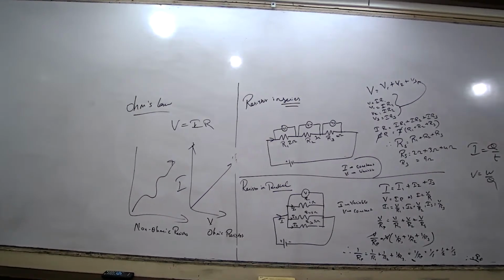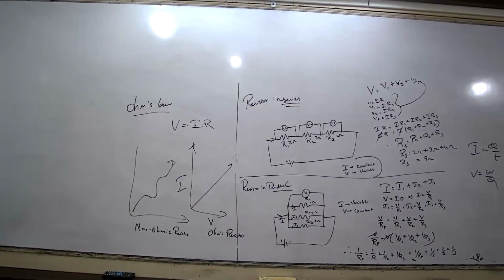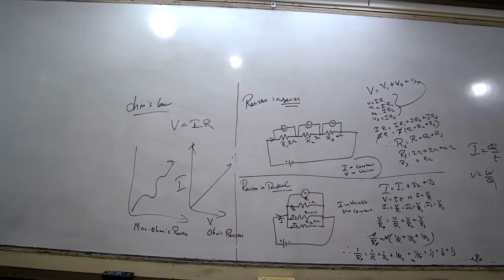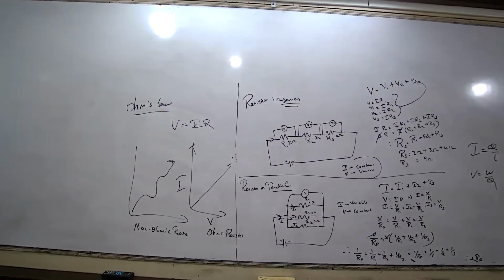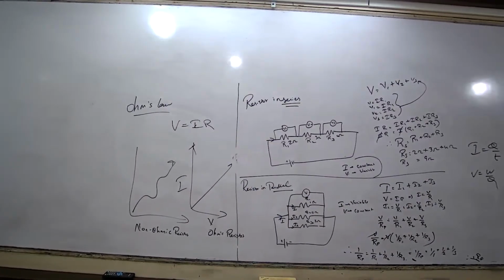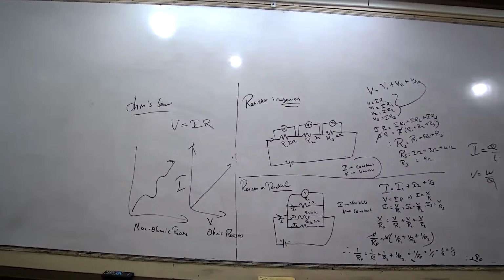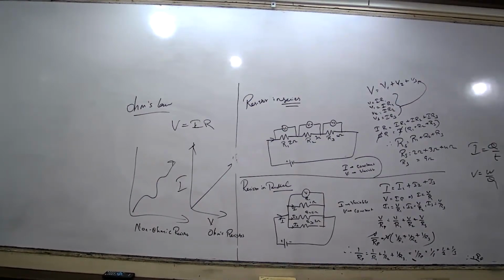In a conductor, the flow of electrons will be from low potential to high potential. Okay, listen carefully. 10 coulomb of charge flows in 5 seconds.